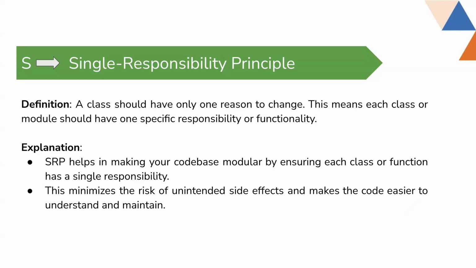That is how OOP works. So the principle says a class should have only one reason to change, meaning you can't change it for multiple reasons.